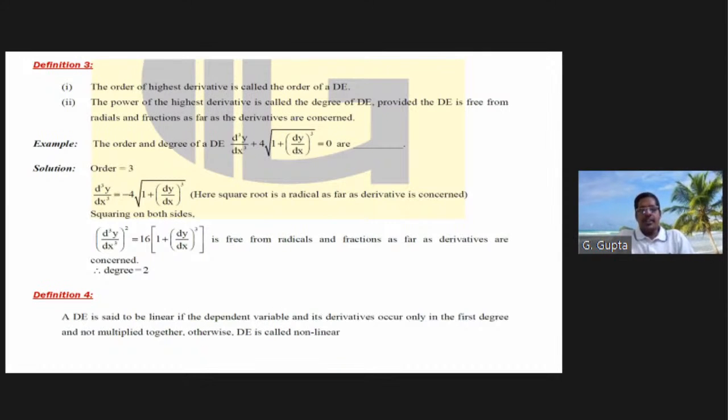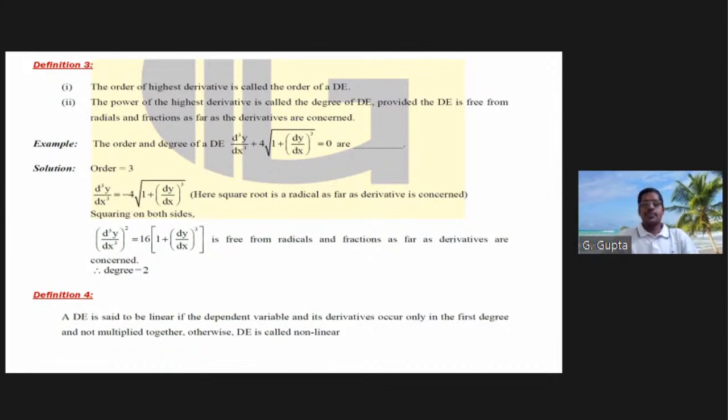The next definition before definition 3 is general solution. A solution in which the number of arbitrary constants is equal to the order of the differential equation is called a general solution.